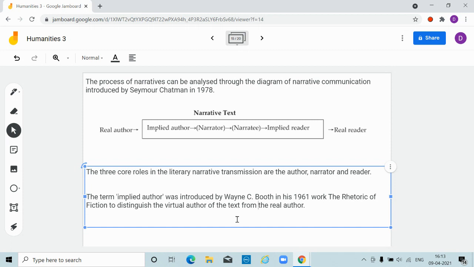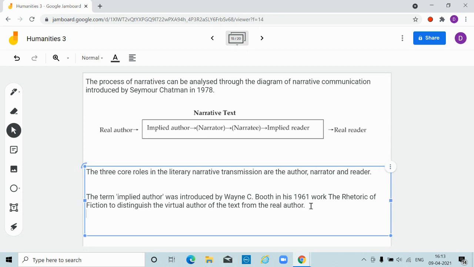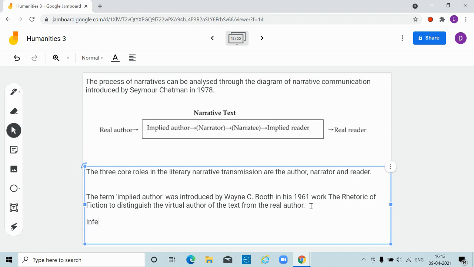That is why the term implied author is also referred to as inferred author. Why this name is more apt, I would say, is that you are inferring certain ideas about the author from what you're reading.